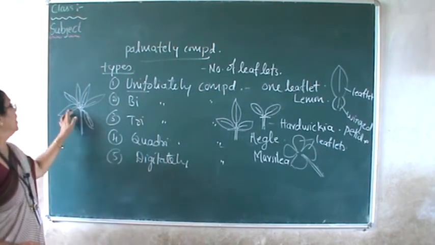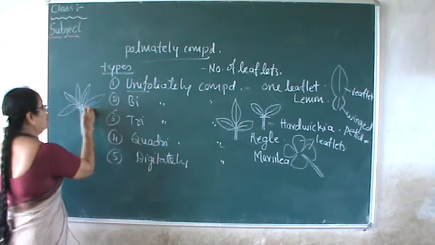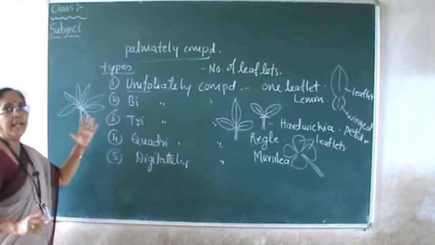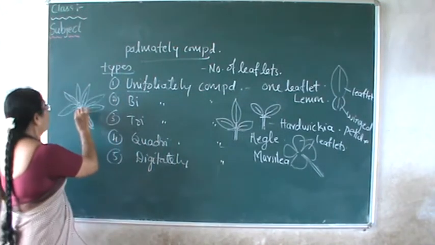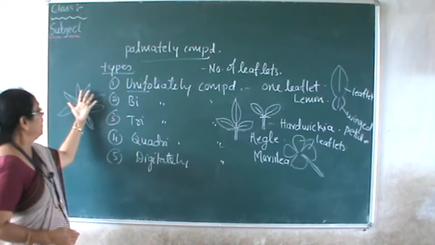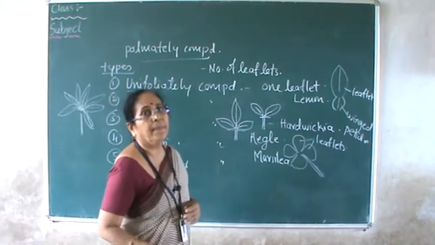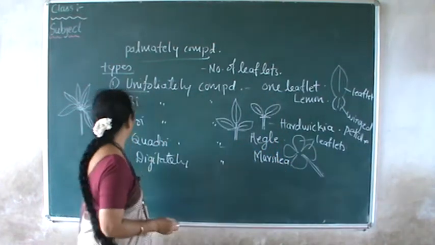In this case, here I have drawn 6 leaflets, more than 6 may be there also, and in this case it gives a fan-like appearance to the leaf, and it is digitately compound because more than 4 leaflets are arising from a common point over here, and the leaflets resemble the digits of the palm, and hence it is called digitately compound. And this is found in case of tapioca.